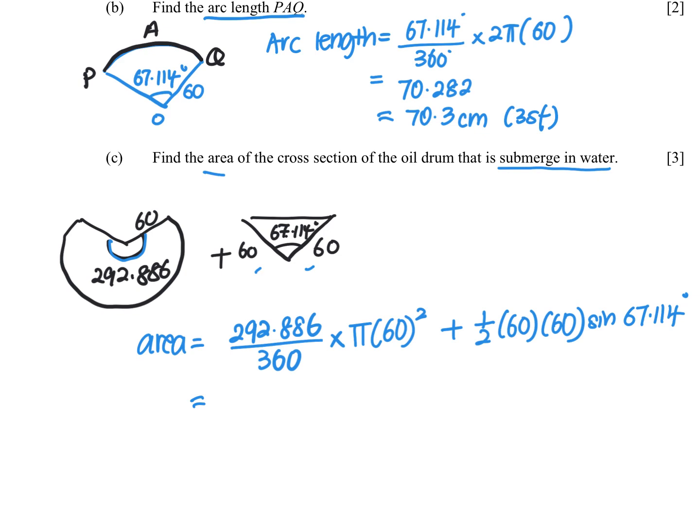All these angles are supposed to be in degree mode, and I got my answer to be 11048.12345. I'll round it to 3 significant figures: 1, 2, 3, the next digit we round down, so it's 11000, 2 zeros for the place value, cm squared, 3 s.f.